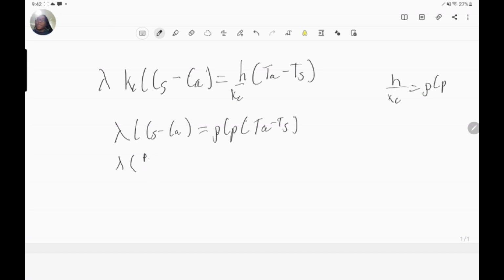At the surface is going to be the most saturated, so we're just going to continue to call it PS. And PA, and that's all going to be over our RT. And then we have our density is going to be equal to our total pressure over RT, and so it's going to be P tot over RT.